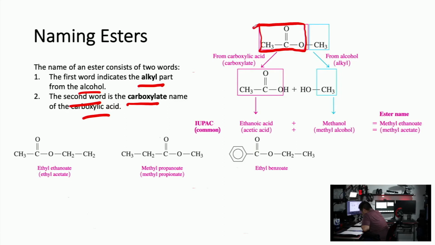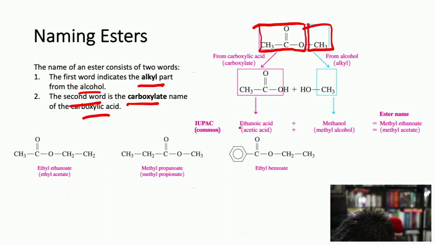There's 2 carbons there, so that was ethanoic or acetic acid, right? And then we have the ester part here from the alcohol. It was methanol. So we added together the ethanoic and the methanol. And what do we get? We get methyl ethanoate.